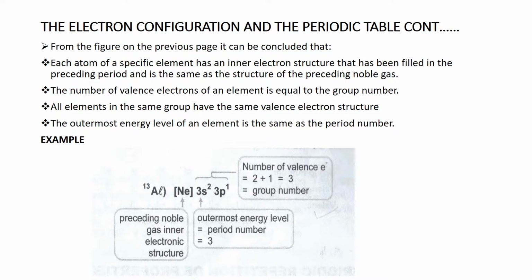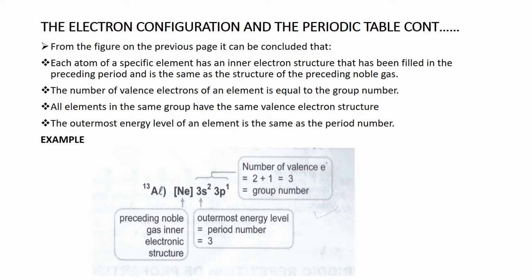The outermost energy level of an element is the same as the period number. Okay, so this is an example of aluminium. Aluminium is found in group 13. So aluminium actually has 3 valence electrons in the outermost energy level.